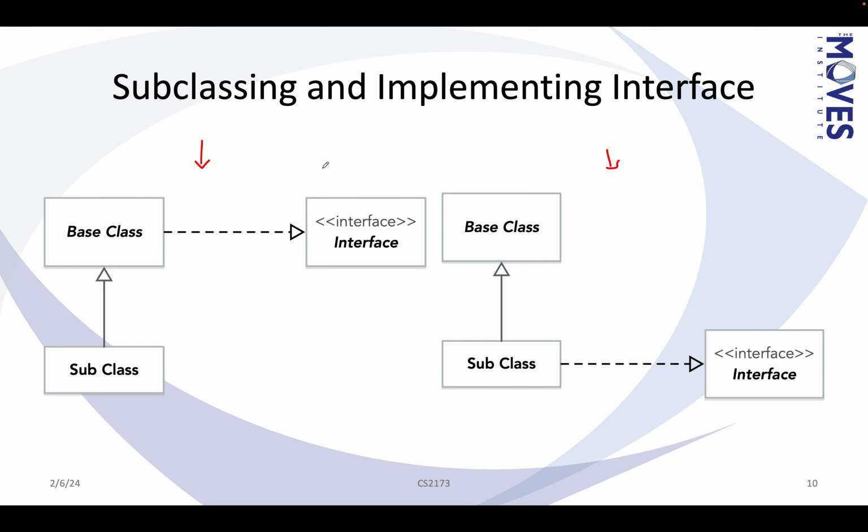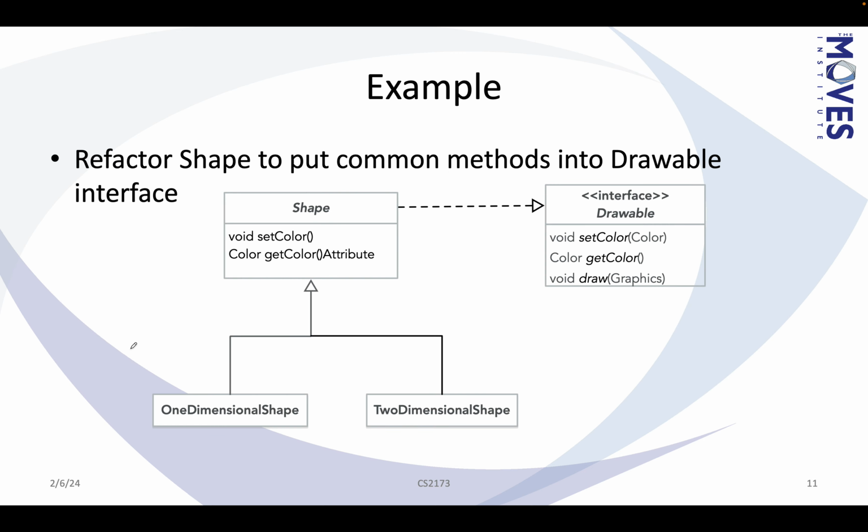Now, of those behaviors, some of them I can implement for everybody, and some of them I have to leave abstract. So an abstract base class implementing an interface will typically implement some of these, but not all of them. And so a concrete subclass now needs to implement all of them.